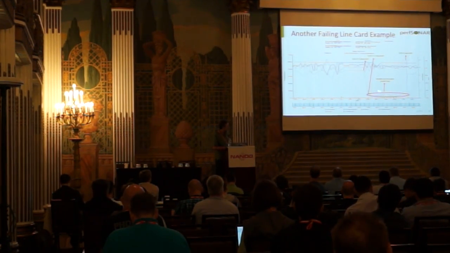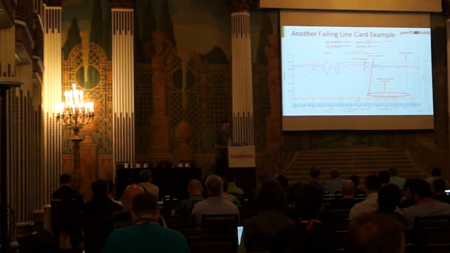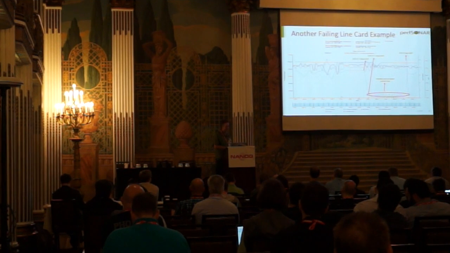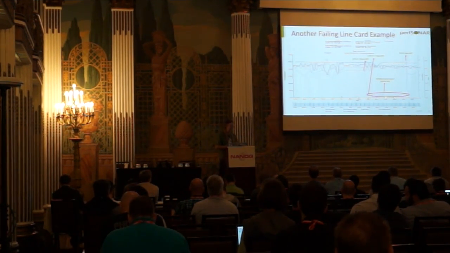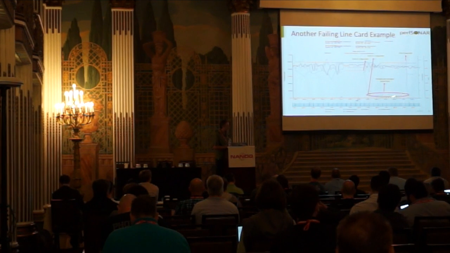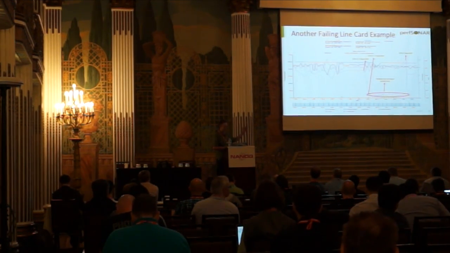And so perfSONAR immediately found a problem, and immediately the Nagios alert went off and generated a trouble ticket in the Internet2 NOC, or actually the Indiana NOC, because they run it for Internet2. But it took a while to track this one down, because it turned out it was a line card that went between a Brocade and a Juniper, in the same rack.